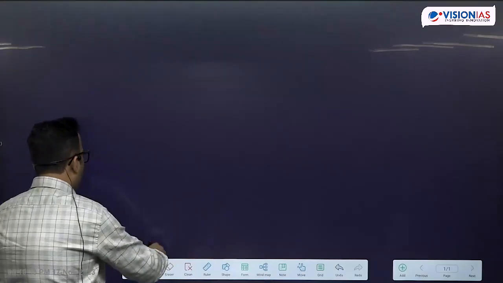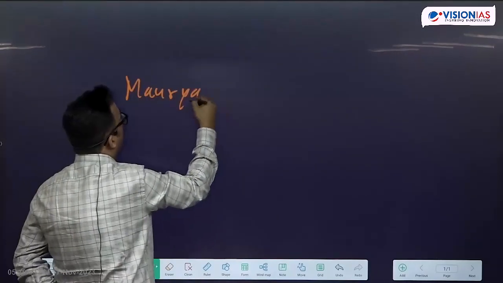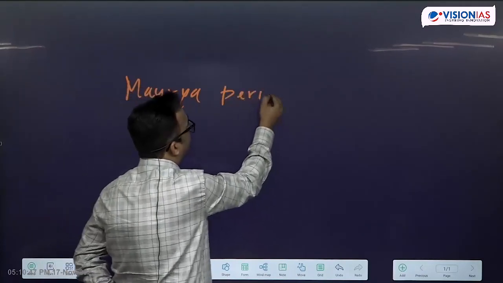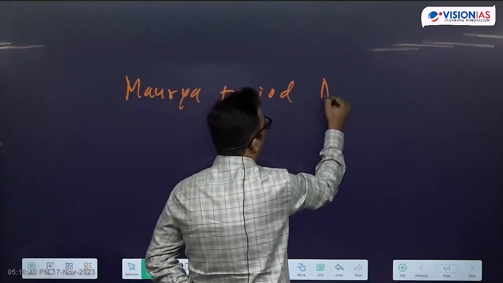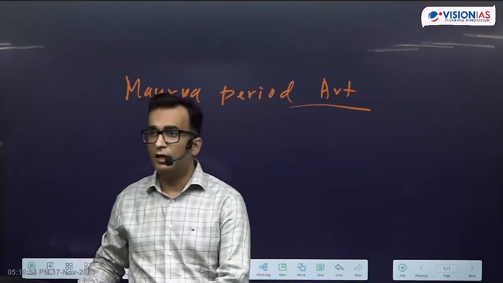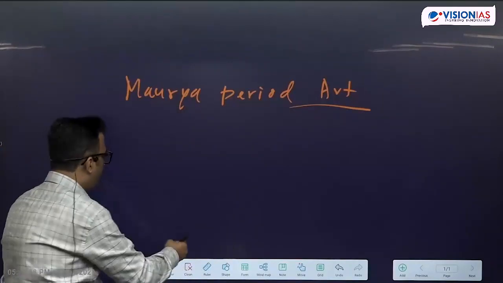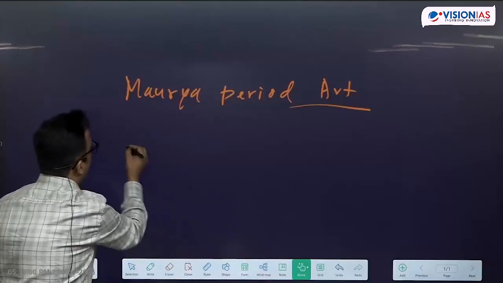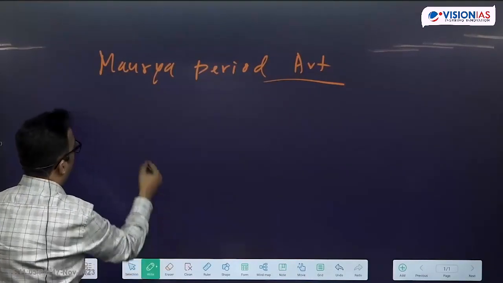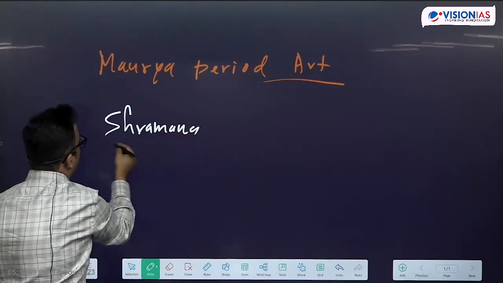But before starting this topic, there is one tradition that we need to talk about. Maurya period art. So you can write this title, Maurya period art. Before going ahead with this, I need to talk about one tradition and one movement which started at the end of the later Vedic age.